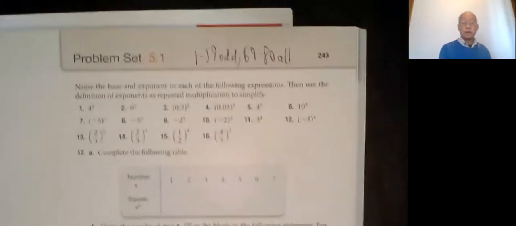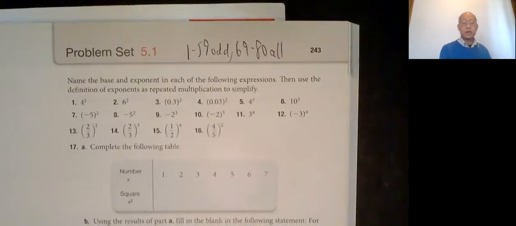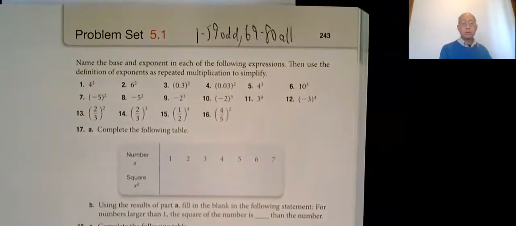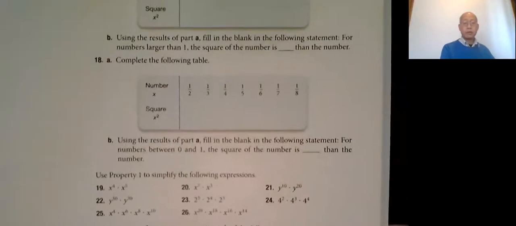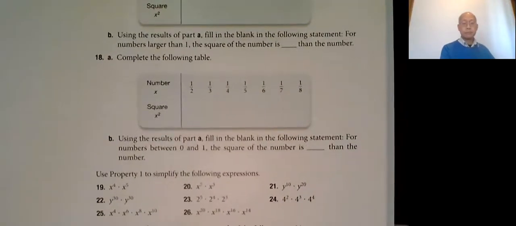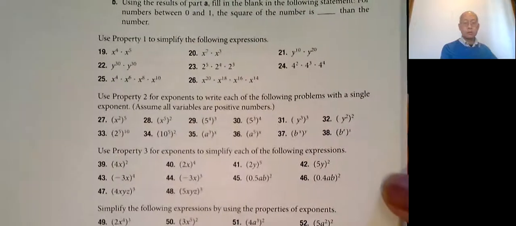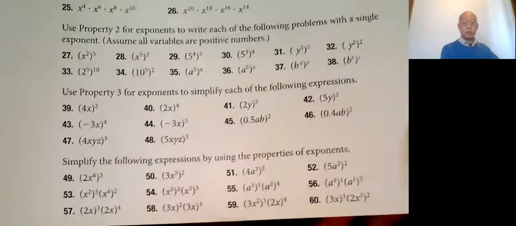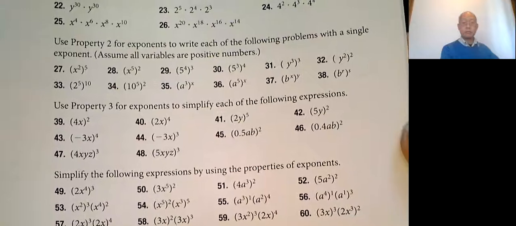Okay, 5.1, page 243, 1 to 59 odd, 69 to 80 all. So that goes up to problem 17. Down. Some more. Next page.